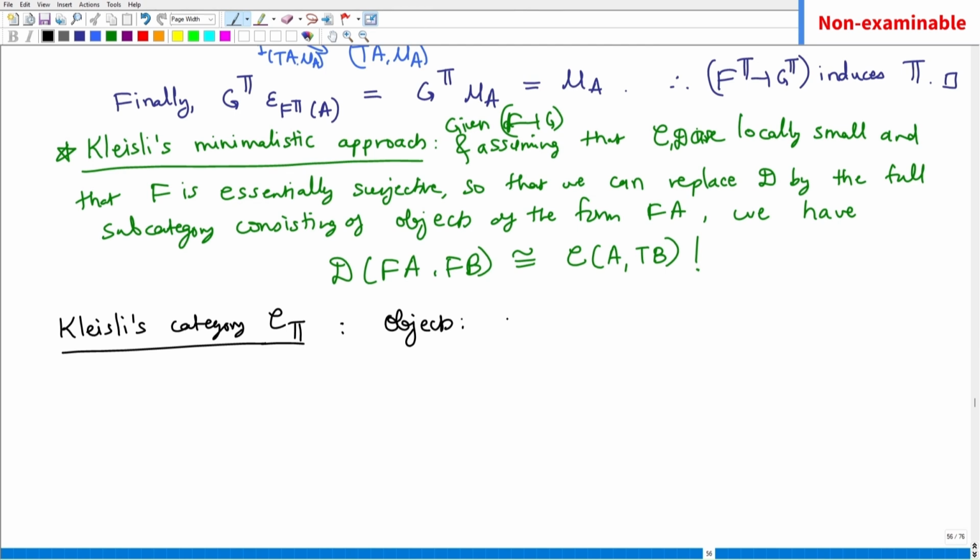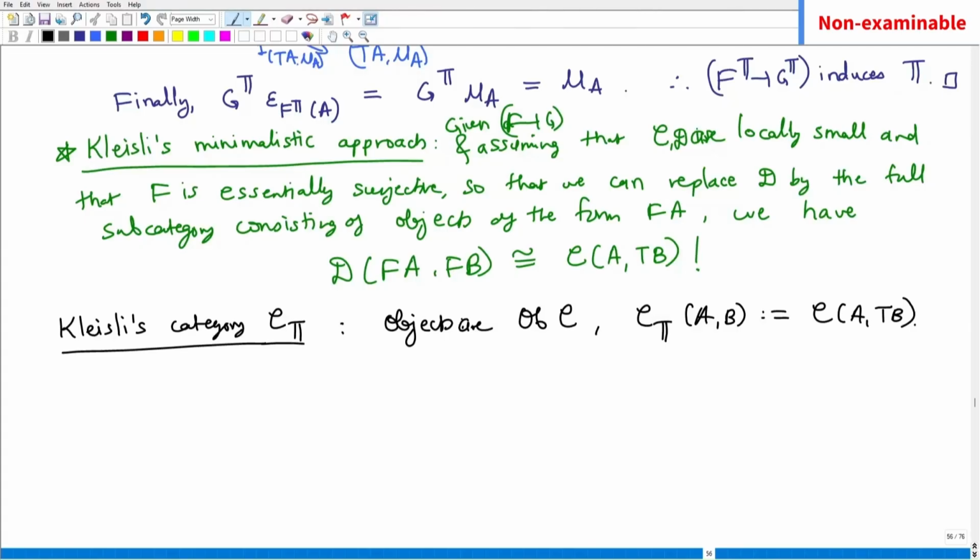Objects are the same as objects of C, no change at all. But morphisms are interesting. A morphism from A to B you define to be a morphism in C from A to TB. C_T is now playing the role of D in the above expression. So C_T(A, B) is C(A, TB).